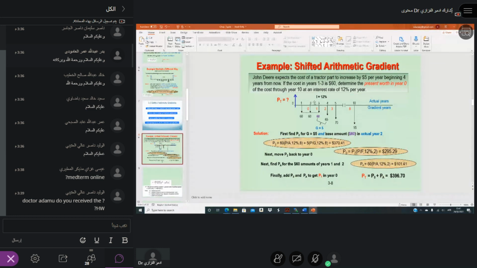First you find the P2, you assign it a value, you call it P2, then you do the calculation, then another step, and then you sum them up. It is just like the uniform gradients, but this time it's a bit different.